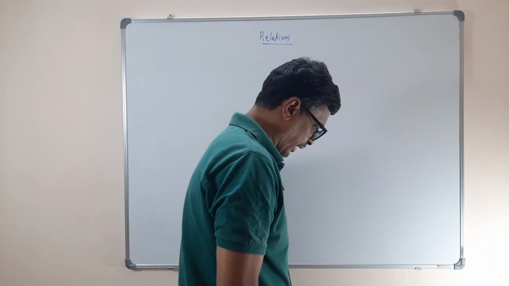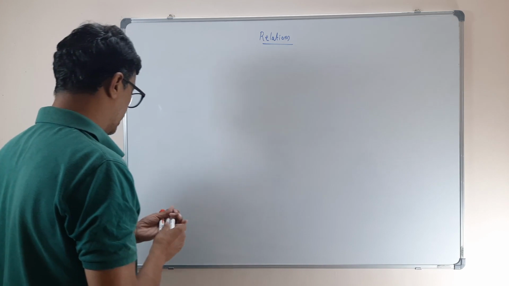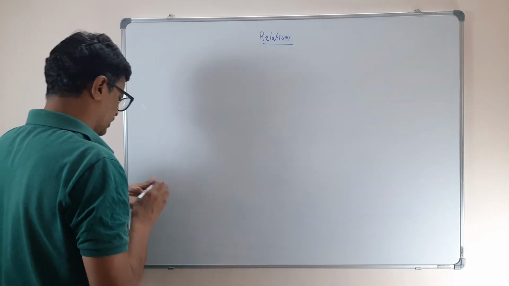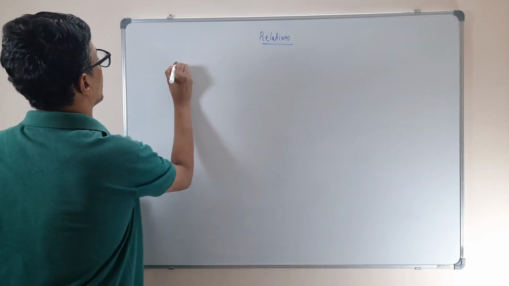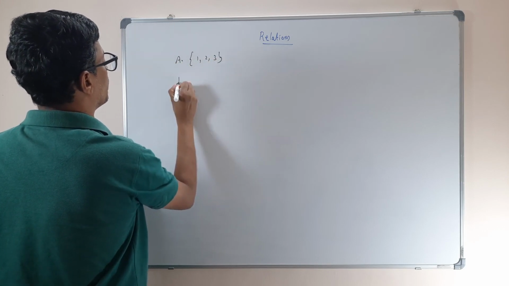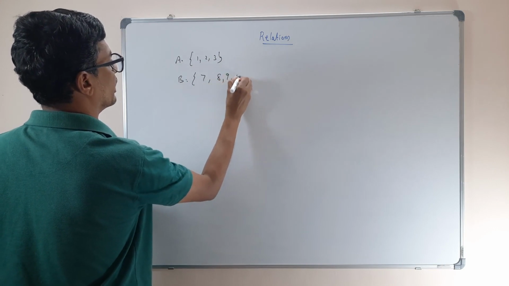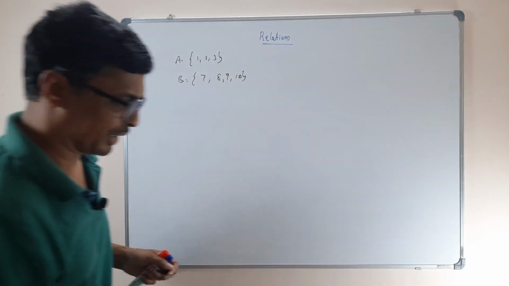So, for example, I'm having a relation between, let us take some two sets. A is equal to {1, 2, 3} and B is equal to, say, {7, 8, 9, 10}. Or let me take only two elements.